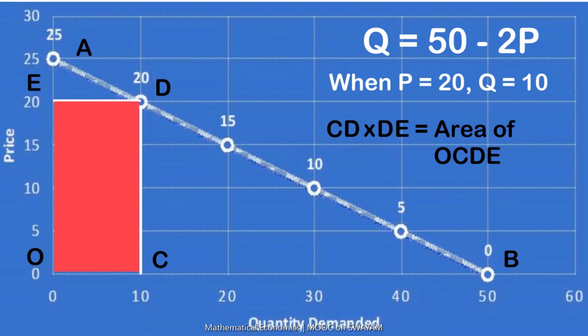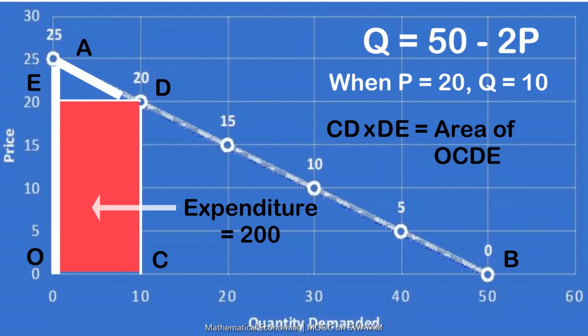which is the graphical representation of your expenditure. Now, your willingness to pay for each unit up to 10 units is shown graphically by the region OADC. Area of OADC is the sum of the rectangle and the small triangle. OADC is the willingness to pay and OEDC is the expenditure.